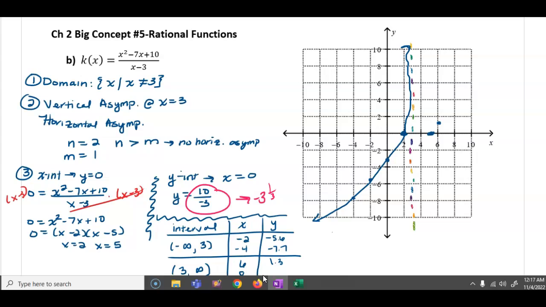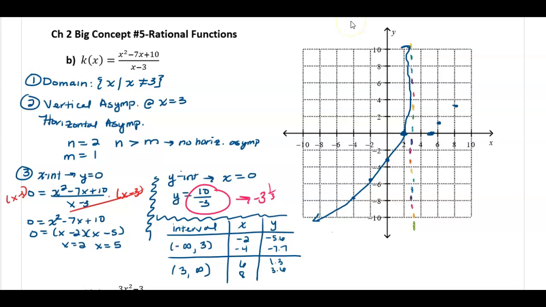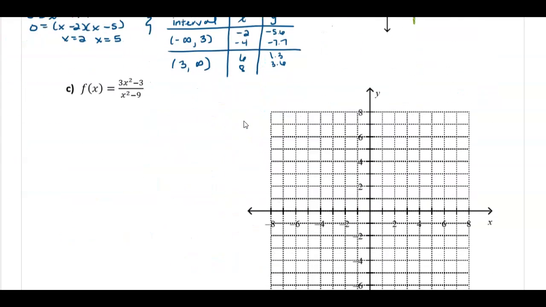And then 8 becomes 3.6. So 8, close to that. So once again, we're going to have a curve with a steep drop towards that asymptote. And we're just going to pretend it's the most beautifully smooth lines we've ever seen in our entire lives. All right, let's go on to another example.